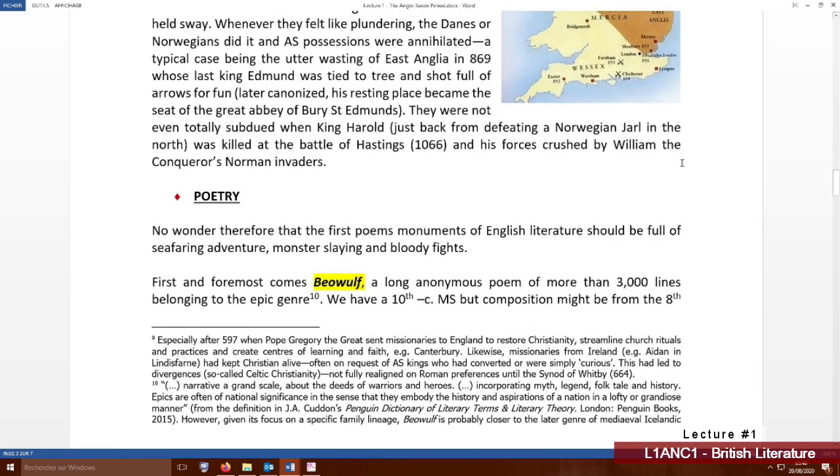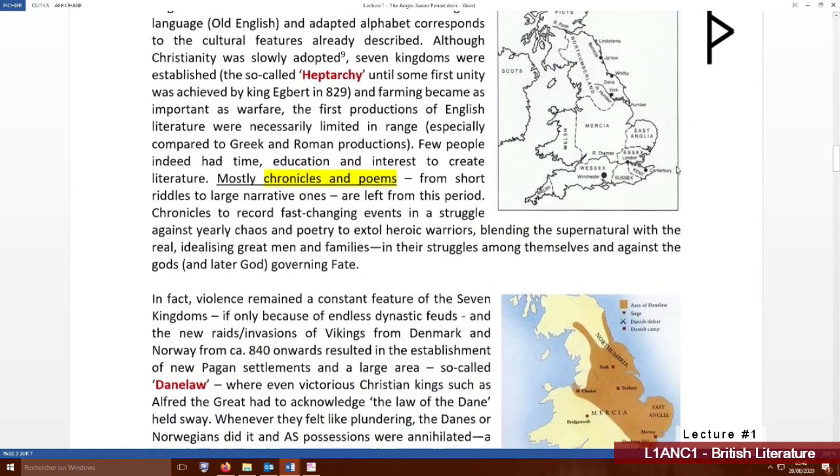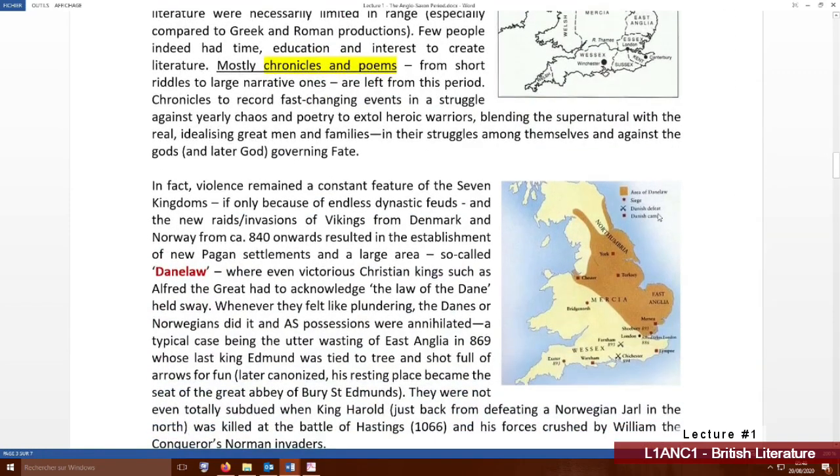They too suffered invasions from their cousins, Vikings, from Denmark and Norway, who roughly from 840 onwards started to do landings on the east coast and then settling and then trying to conquer the whole land.